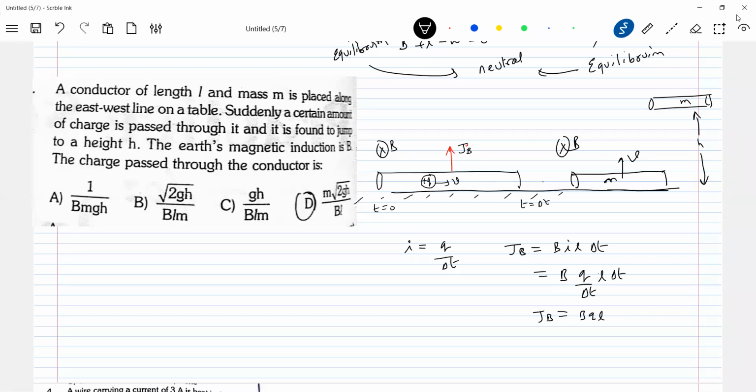H should be equal to V square by 2G. And this impulse JB is equal to M into V. Substitute all the values. So H equals V square, which is JB by M whole square, by 2G.